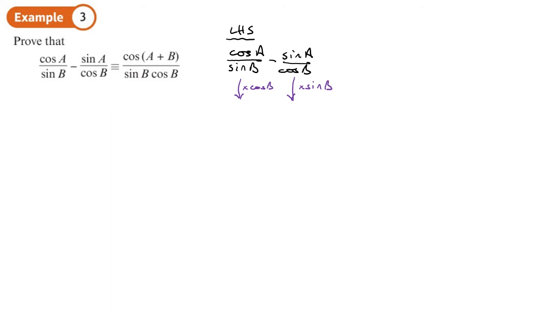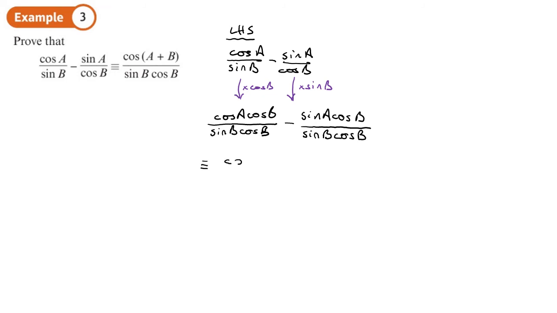So I will have cos A cos B over sine B cos B, and then the second fraction will become sine A sine B over, I made a mistake there, sine B cos B. Right, so they're over the same denominator, so they can go together.